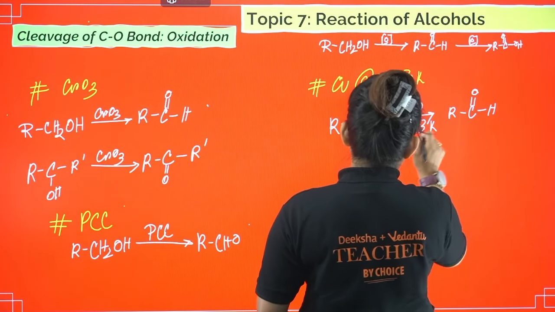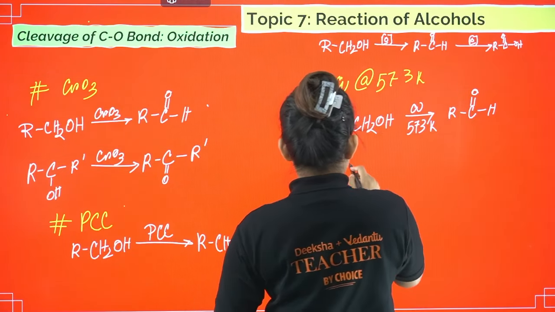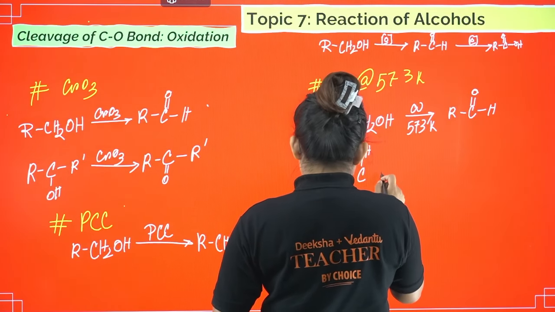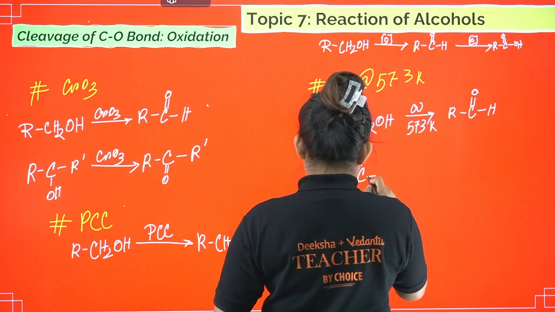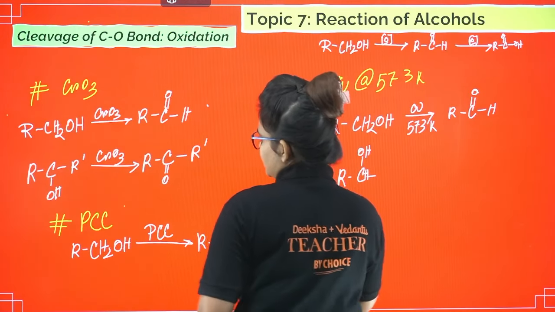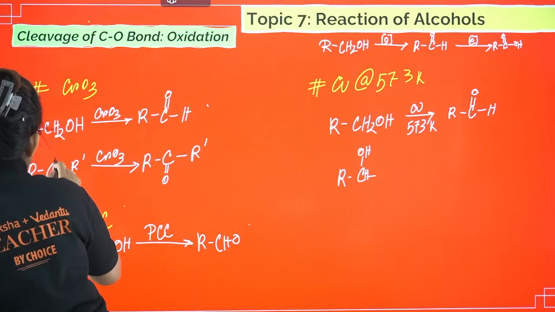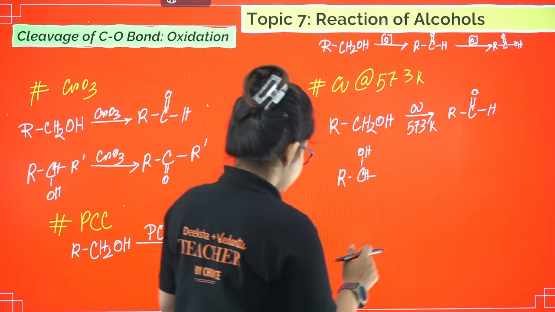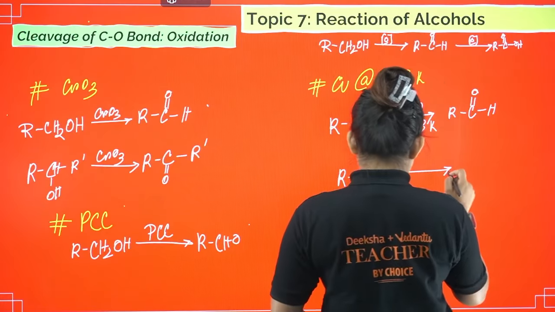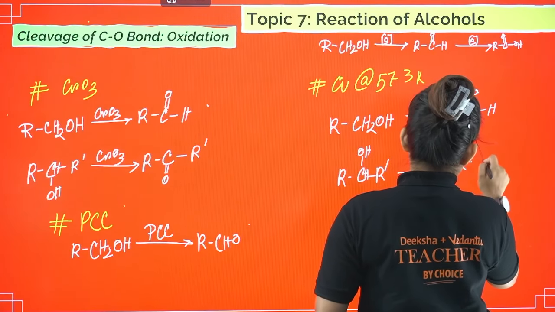I am not writing the reagent again and again, the same reagent you have to give. Let's say you have a 2 degree alcohol, with one H. I know you people will comment, ma'am, the carbon valence is not met. Anyway, with R prime, here also in the presence of copper you will end up with a ketone.